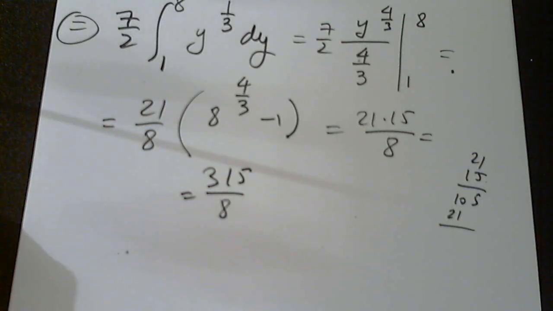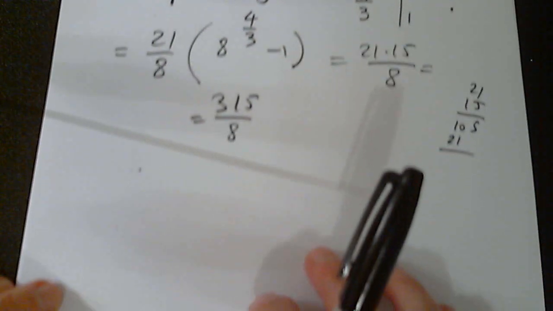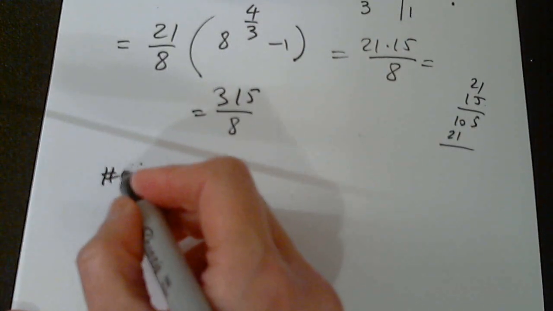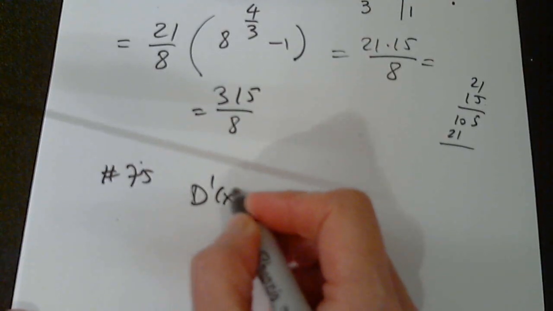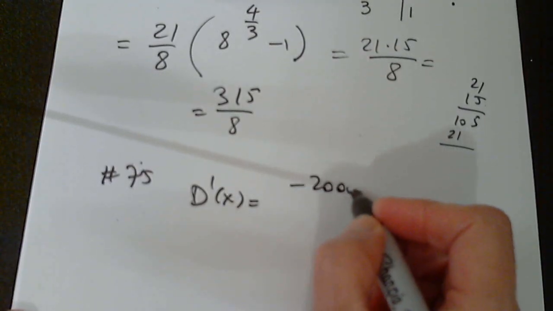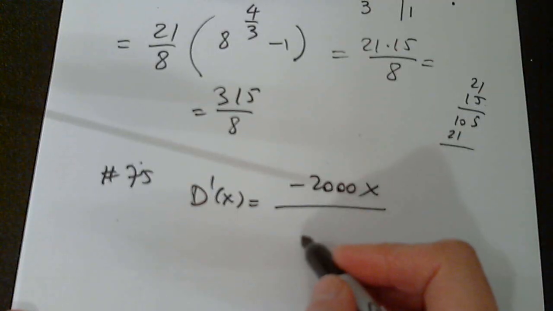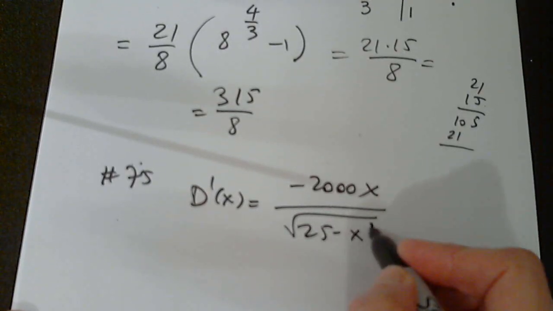Let's look at a word problem. So, for example, demand from marginal demand. The Masterson Insults Incorporated has the marginal demand function. So this is our D prime. D prime of x equals negative 2000x over the square root of 25 minus x squared.